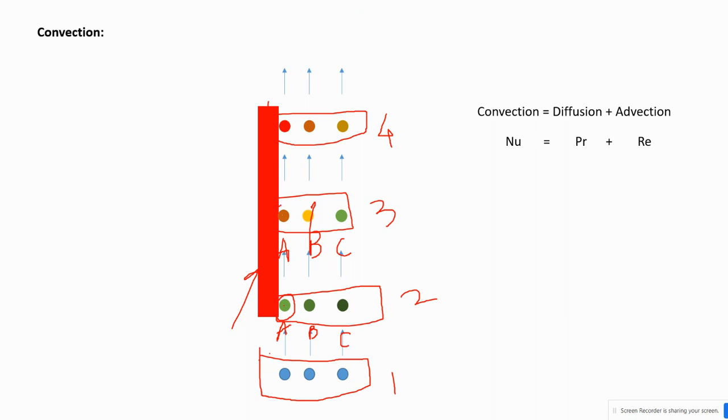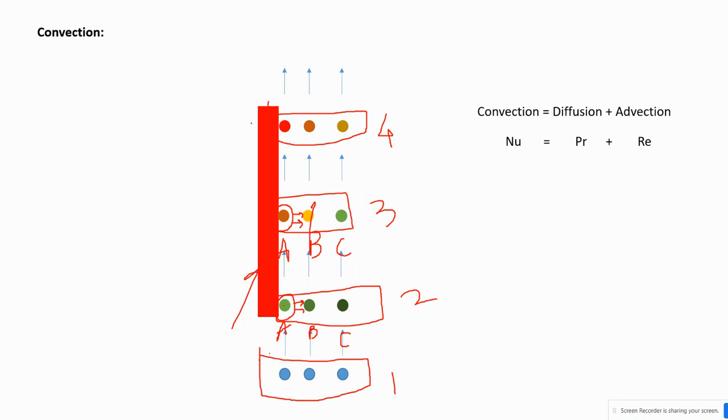If you observe closely, heat is transferred from the wall to particle A to particle B to particle C, in this direction. This mechanism is called diffusion, nothing but conduction. Conduction and diffusion are the same thing.